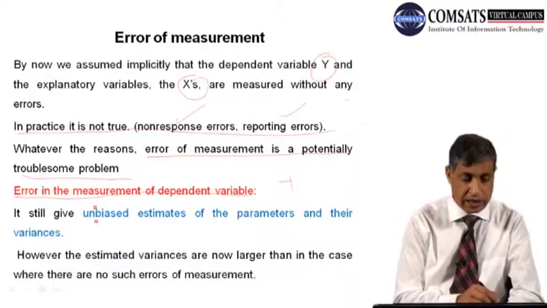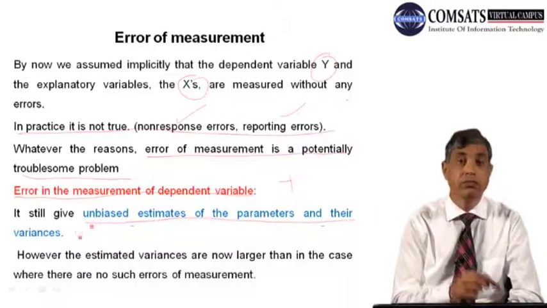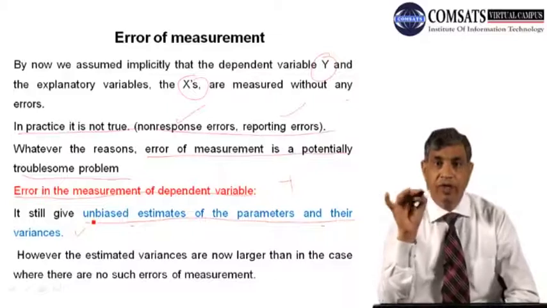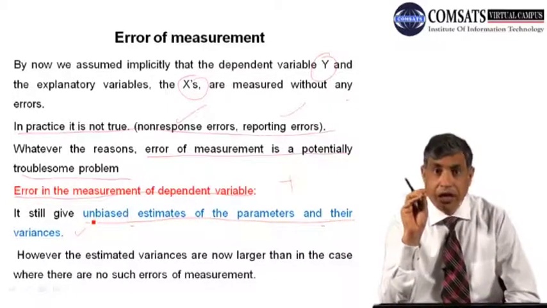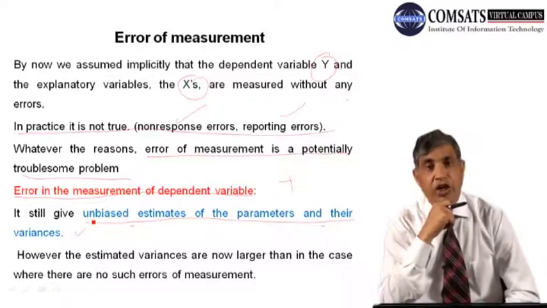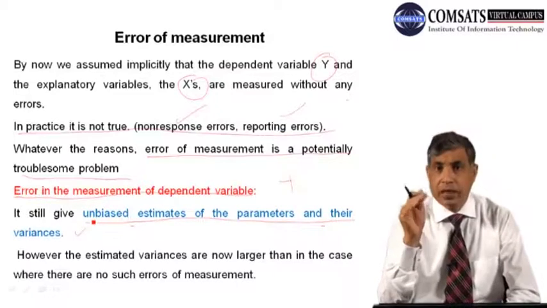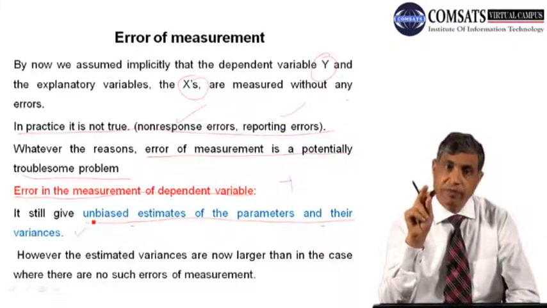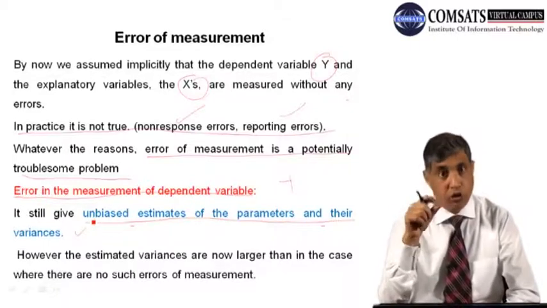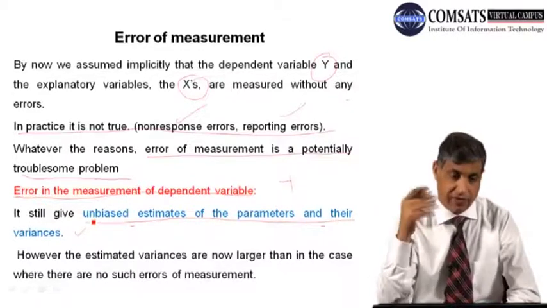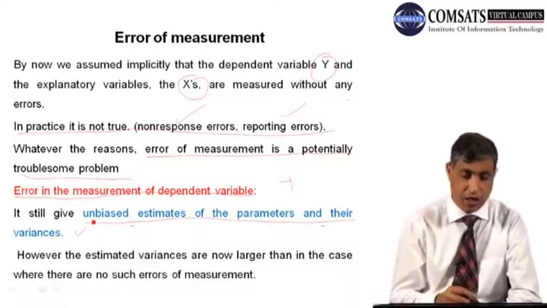If there is error in the measurement of the dependent variable, that is the y variable, it still gives unbiased estimates of the parameters and their variance. No problem. Everything is okay. I am not suggesting that you take your dependent variable carelessly. But if you have made two mistakes, one is less costly and the other is more costly, although a mistake is always a mistake and you will have to be penalized for it.